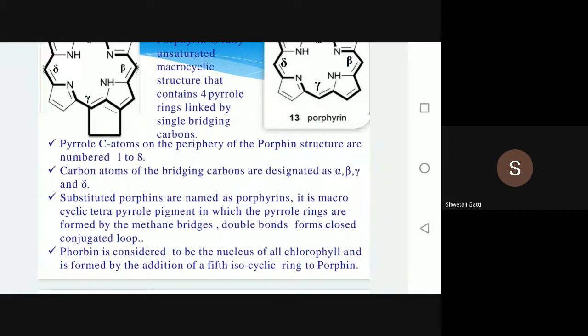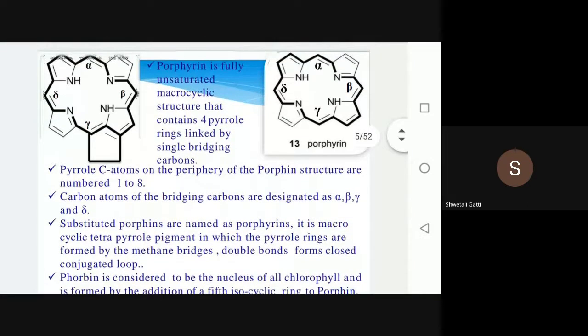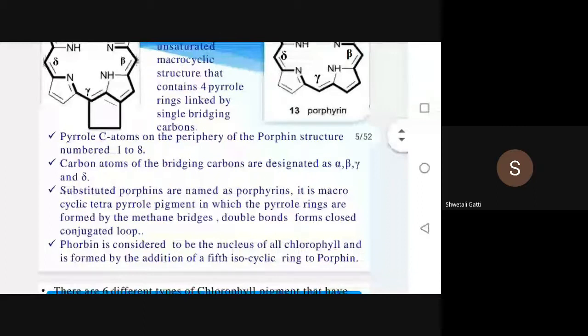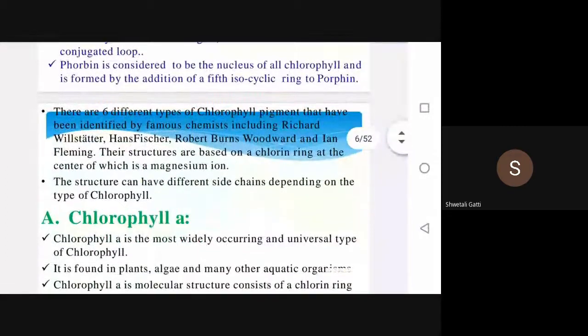These are very detailed, but just remember what the basic structure is and what element is found in this structure.